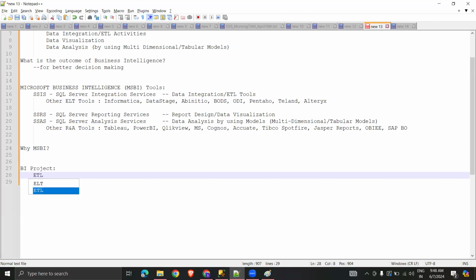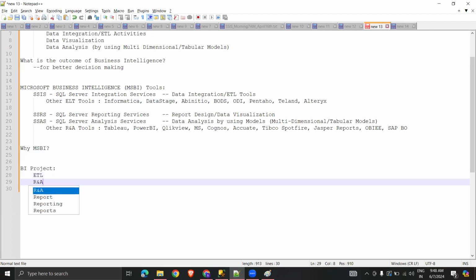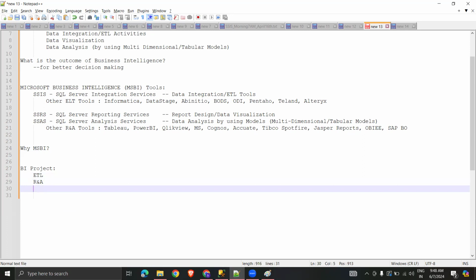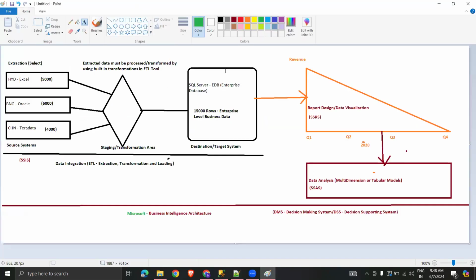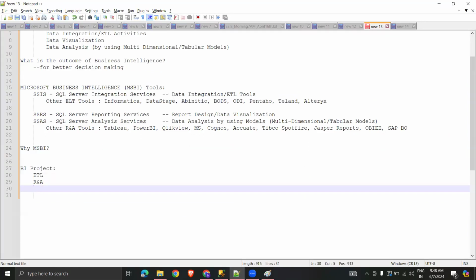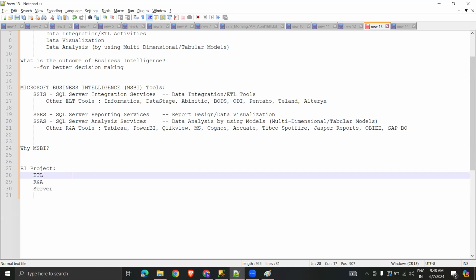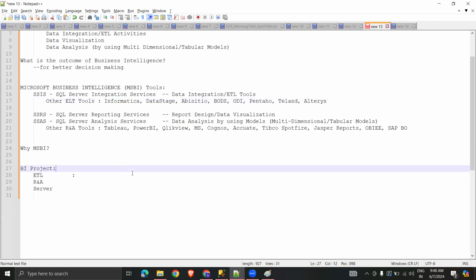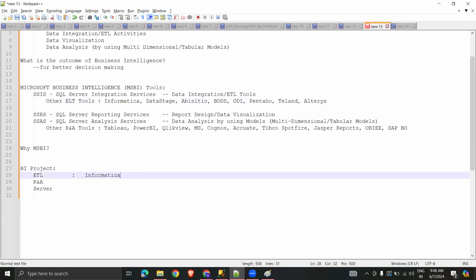BI means ETL, reporting and analysis, and you need a server to maintain the enterprise level business data. Sir, if I was not aware of MSBI, I know the legacy tool called Informatica. So I purchased Informatica. I have purchased multiple licenses.